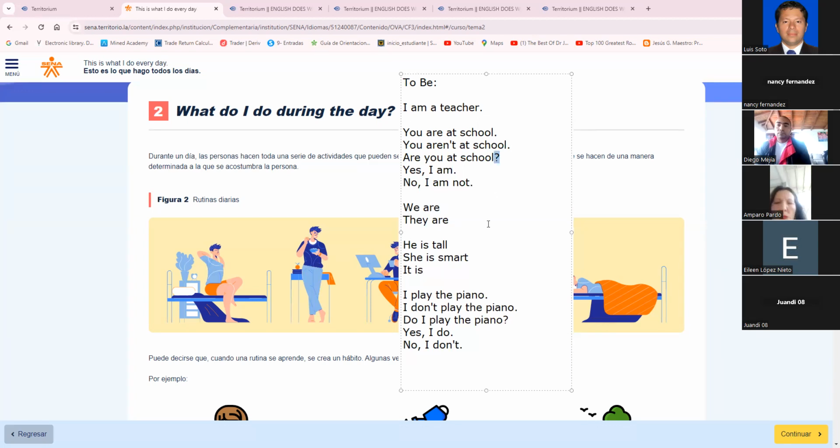So in English, we only use one question mark, and that one that we use is to close the sentence. Entonces, ese único signo de interrogación que utilizamos es para cerrar la pregunta. Nunca la abrimos. En español sí, ojo. En español abrimos y cerramos la pregunta, pero en inglés solo la cerramos.